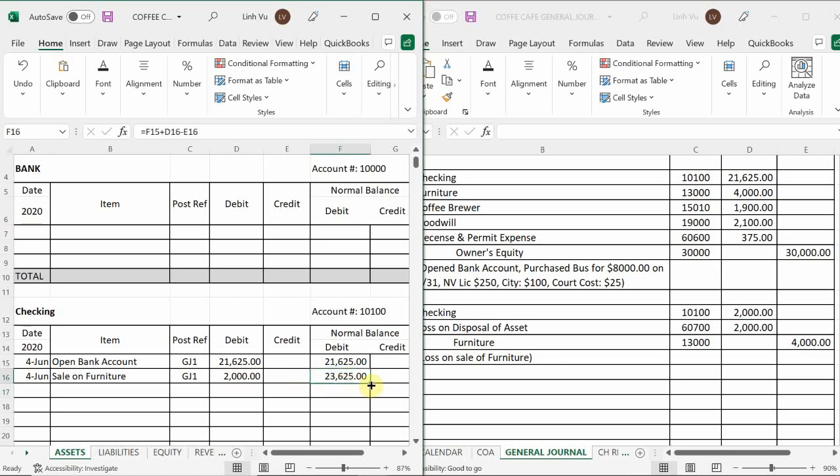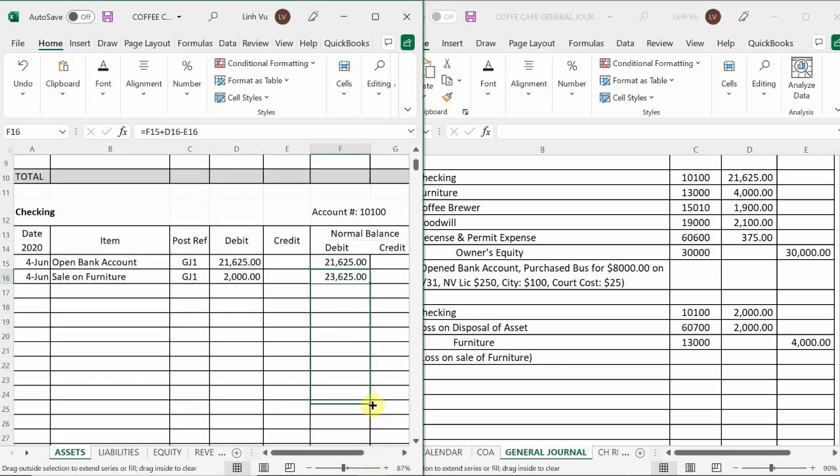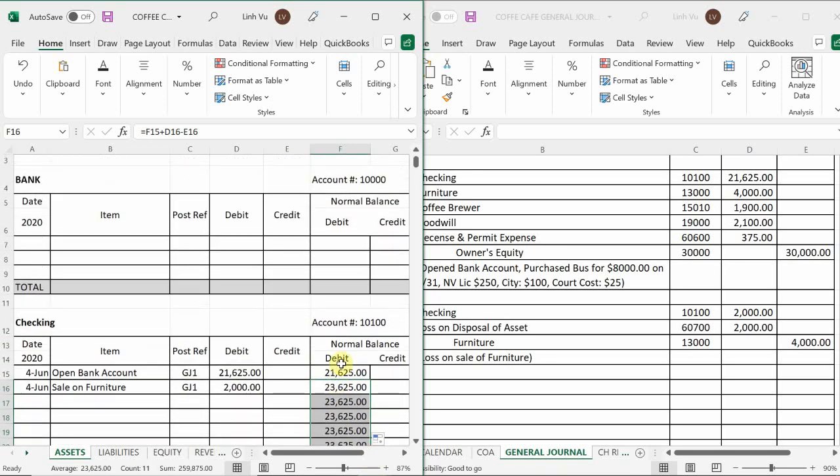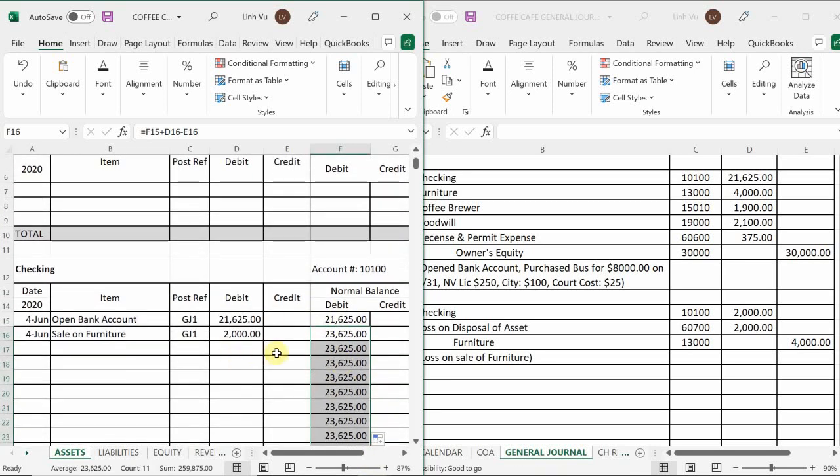Now check this out. If I drag this formula all the way down, this is going to give me my running balance. So every time I gain another $5,000, if I type in $5,000 on my debit side, it will automatically calculate by adding it together.